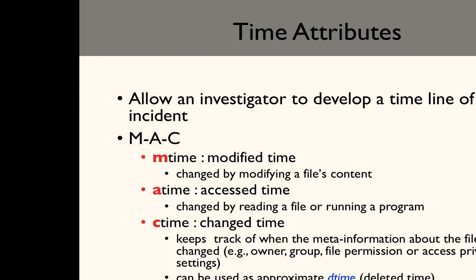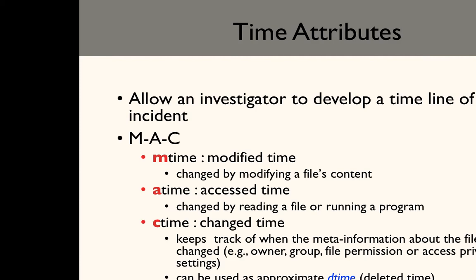And A is the accessed time, which is updated whenever a file has been read, or if it's an executable program, it records the time the program was last executed. And there is also change time, which keeps track of when the meta information about the file was changed. For example, in Linux, the owner of the file, the group of the file, and the permissions. If any of this meta information is changed, the change time will be updated.